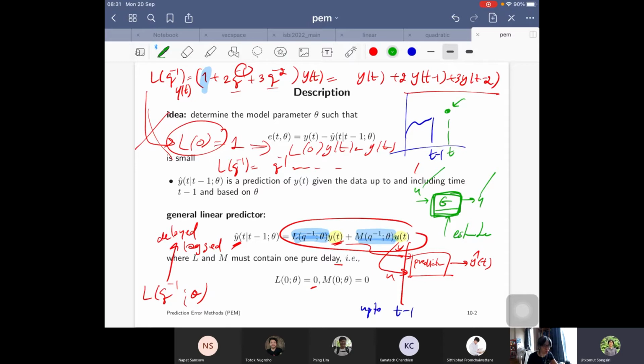You cannot use information of time t, because at time t you already have the measurement of yt. Why would you bother predicting yt then? You cannot use the information from the future. That's not possible, that's not realistic. So this is the definition and important requirement of general linear predictor.